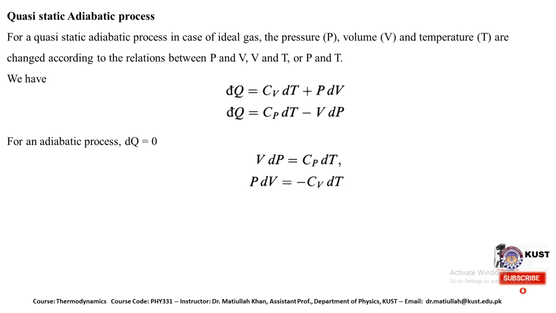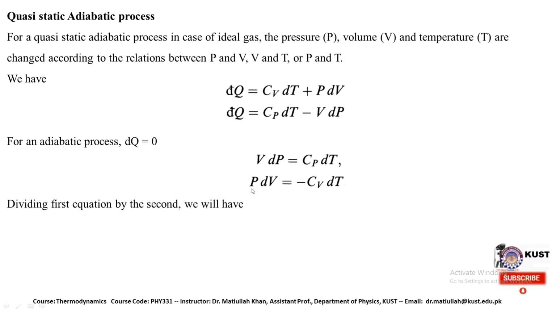or maybe you can move the term to the other side of the equation. It will be P dV is equal to minus Cv dT. Similarly, in the second equation, if we put the dq value equal to 0, it will be Cp dT minus V dP is equal to 0. As a result, Cp dT will be equal to V dP. This has been written over here in the next lines.